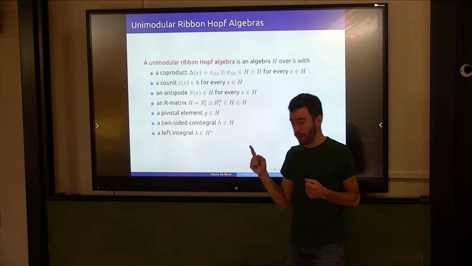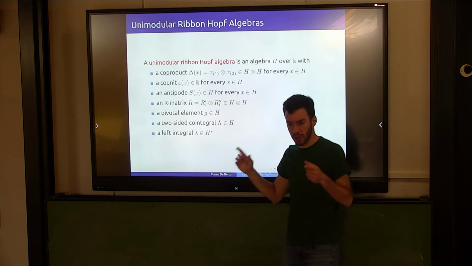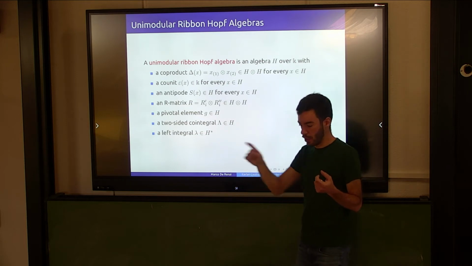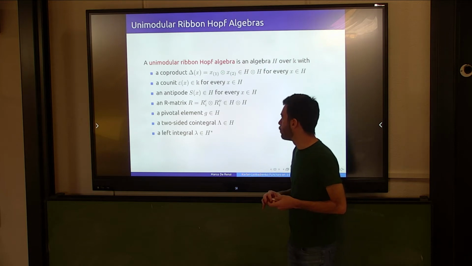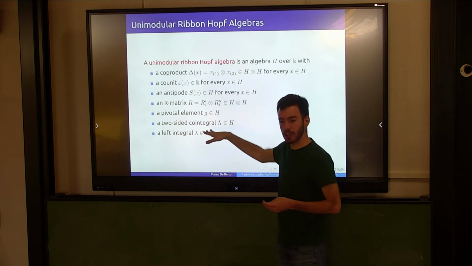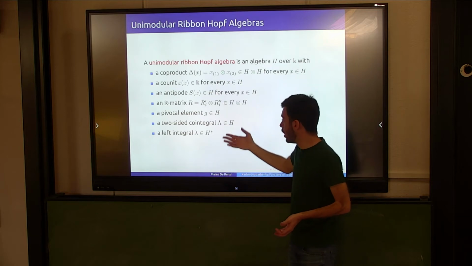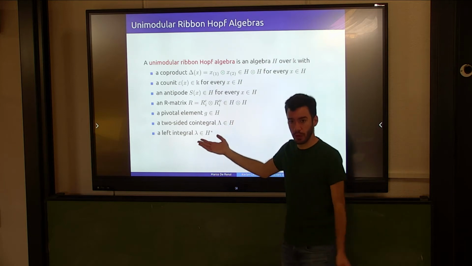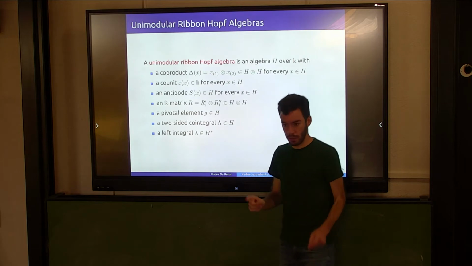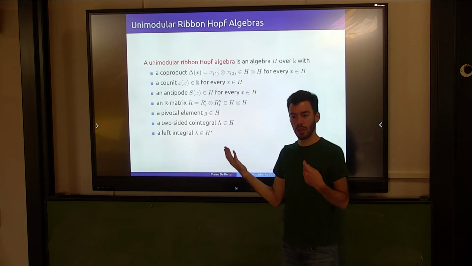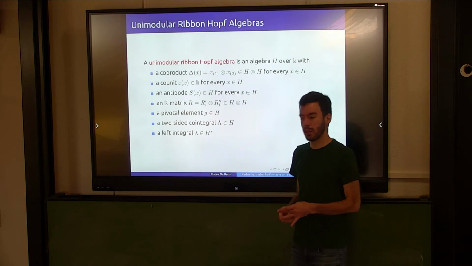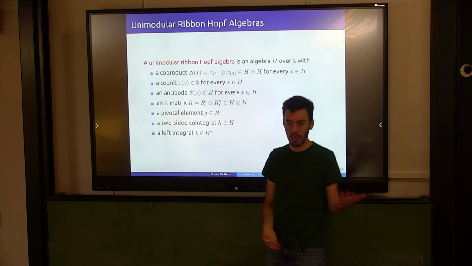It is two-sided if any of the two is invariant under the antipode, and they coincide in that case. And unimodularity is this condition. In examples, like for U_q(sl2), the co-integral turns out to be invariant under the antipode, and the integral in general is not. The integral you need either to choose a left one or a right one.